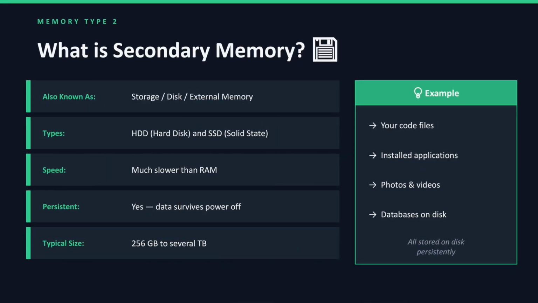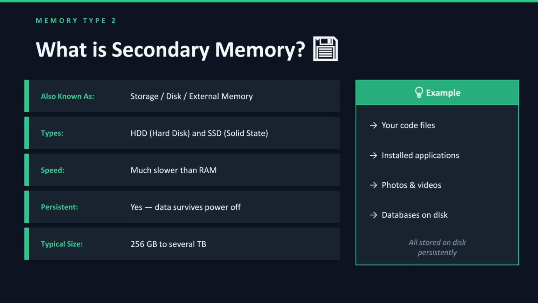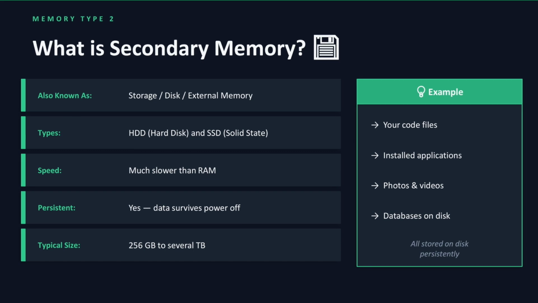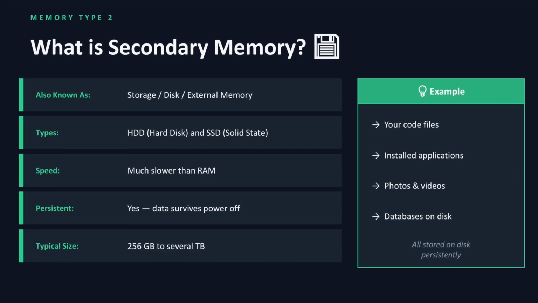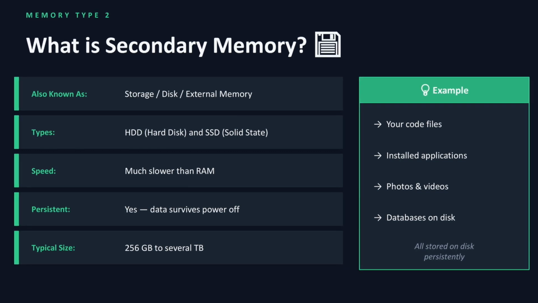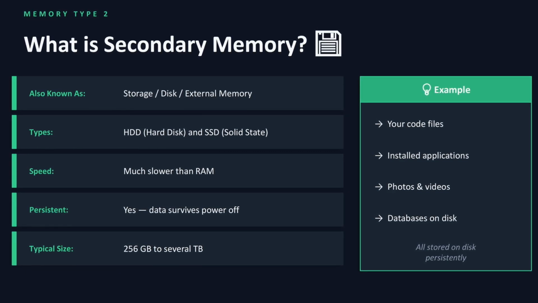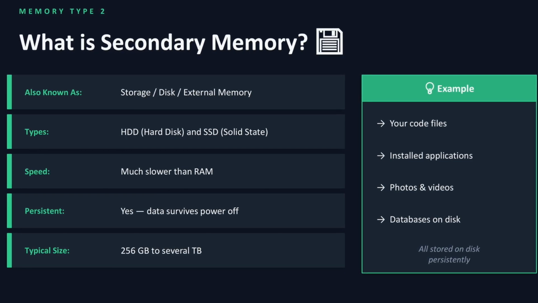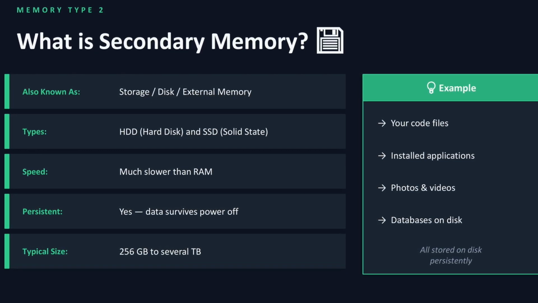Secondary memory is your permanent storage. This is where your files, applications, operating system, and databases actually live. Unlike RAM, data here survives even after you shut down your computer. The two most common types are HDD, hard disk drive, and SSD, solid state drive.